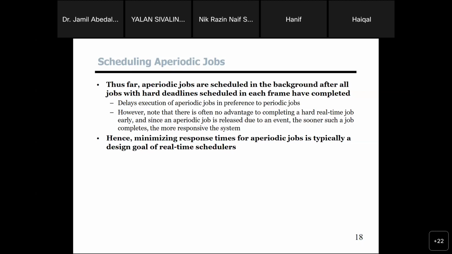However, note that there is often no advantage to completing a hard real-time job early, and since an aperiodic job is released due to an event, the sooner such a job completes, the more responsive the system. So minimizing response time for aperiodic jobs is typically a design goal of a real-time scheduler. So the main target for schedulers is to find the minimum response time. Okay.